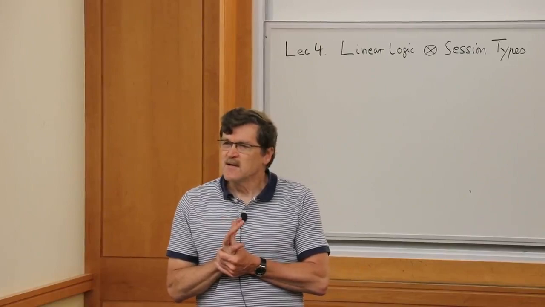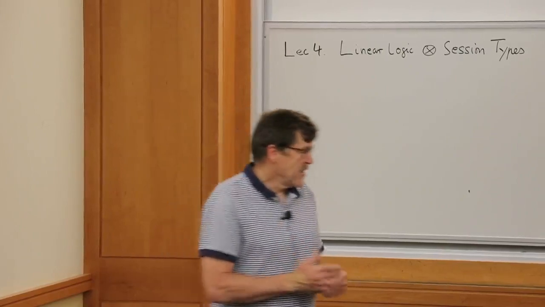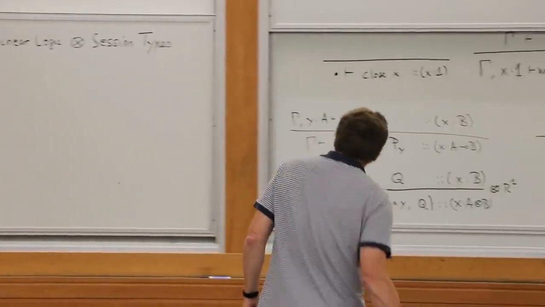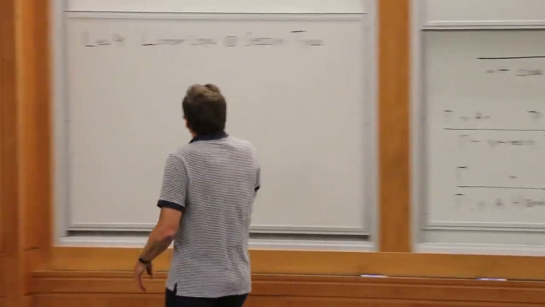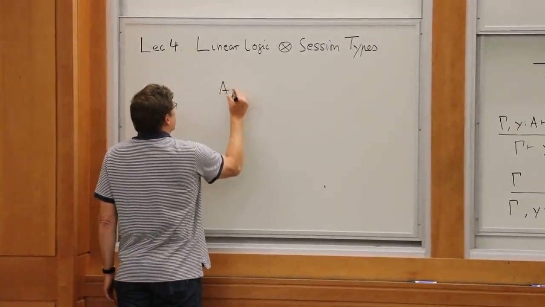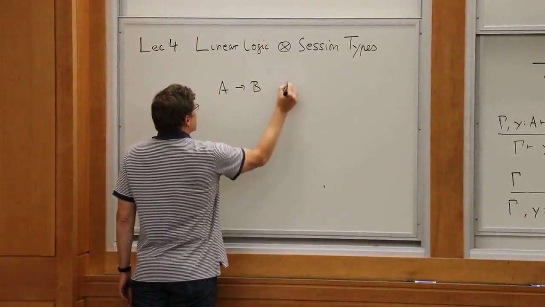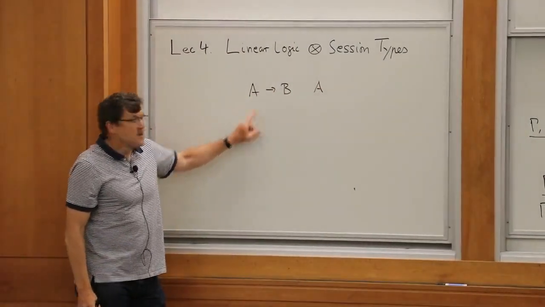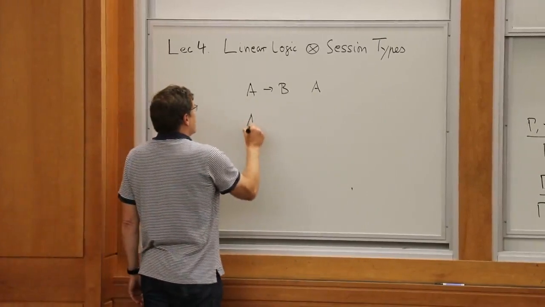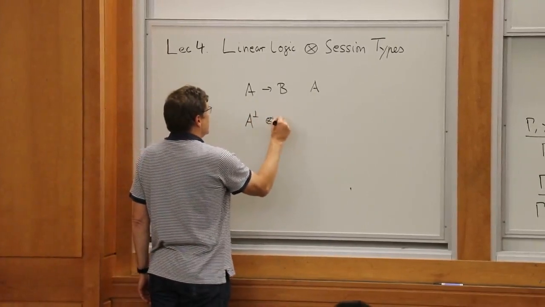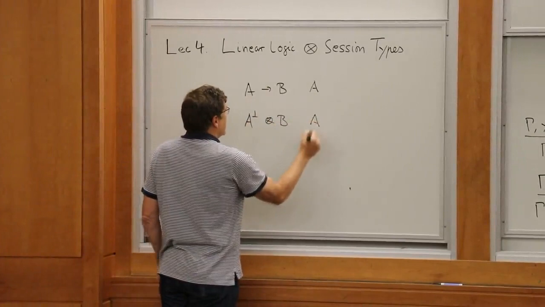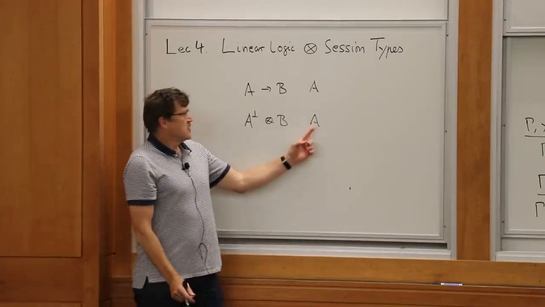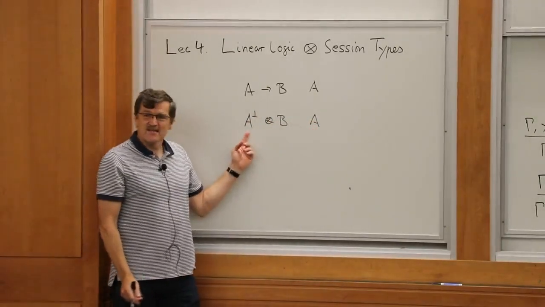The real reason is that if I have A arrow B, and the argument is type A, you only need to talk about A. If I have A perp tensor B and I have A, then you need to talk about A and its negation.